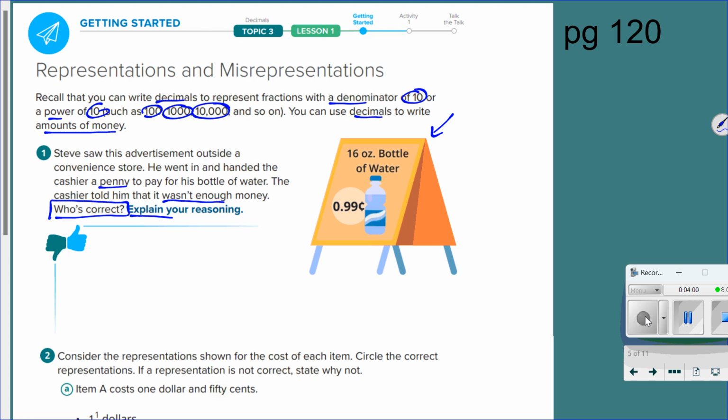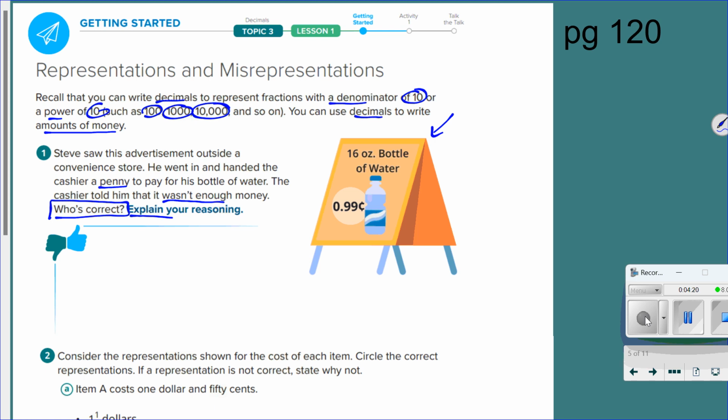Okay, put your hand down. Let's try this again. How many of you think Steve was correct, that he should have gotten change for his penny? I only see one hand. Okay, hands down. How many of you think the cashier is right?